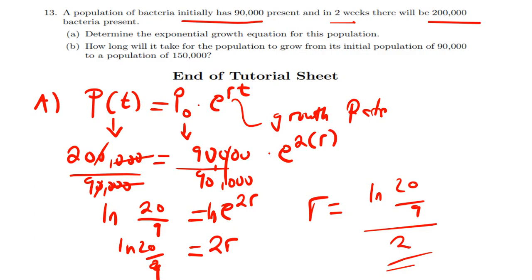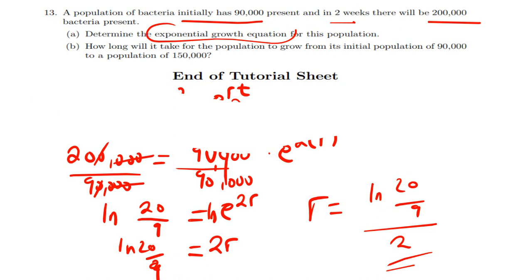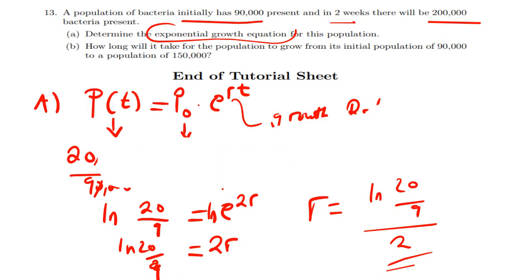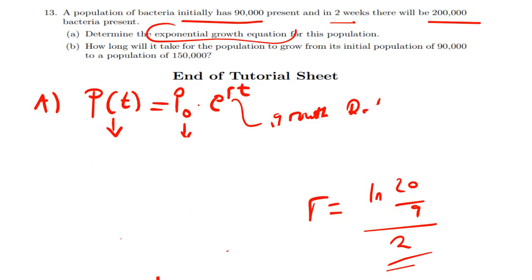Okay, so determine the exponential growth equation. Now they want an equation. So what would be the equation? Our equation will just be the whole equation, but where there is r, we're just replacing it with the one that we found here.